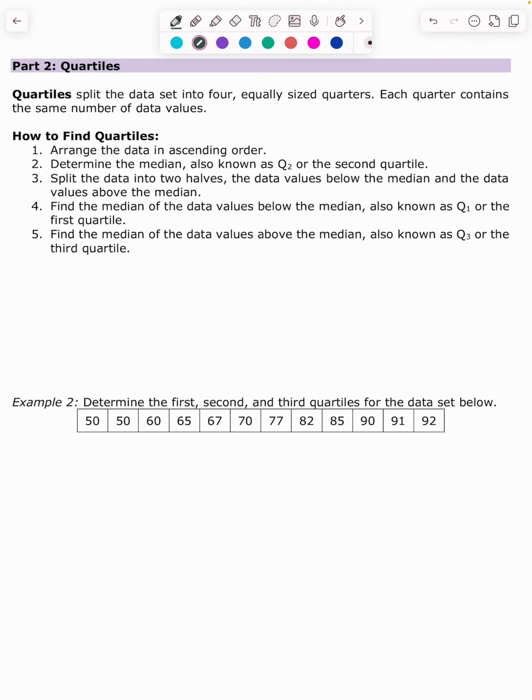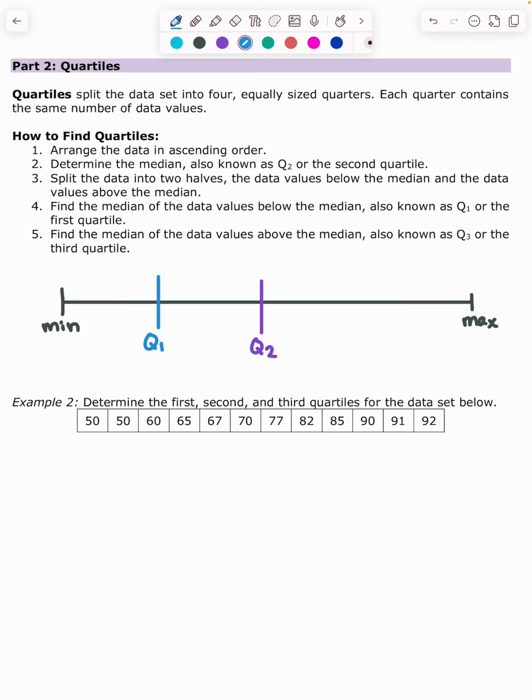So what we're doing is we're taking a data set. If this line represents my data set, we have our minimum number here, our maximum number here. We find our median in the middle. That's Q2. And then we find the median of everything below Q2, and that's Q1.